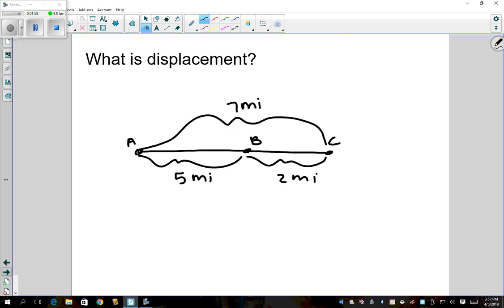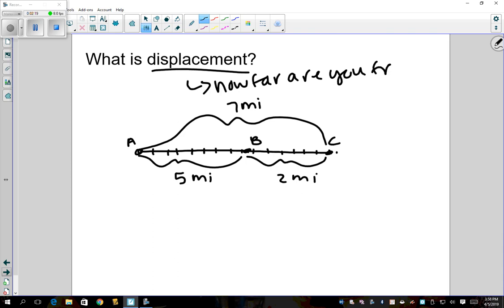And so displacement is this idea of adding up each mile and taking the total distance traveled. How far are you from where you started? And so we're going to be dealing with this with distance as well as some other things.